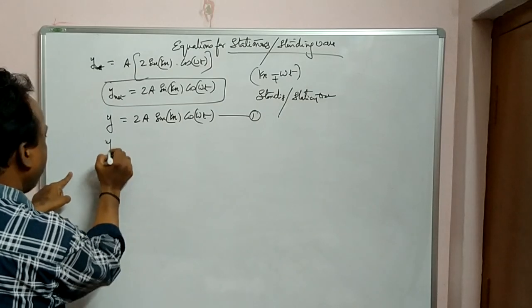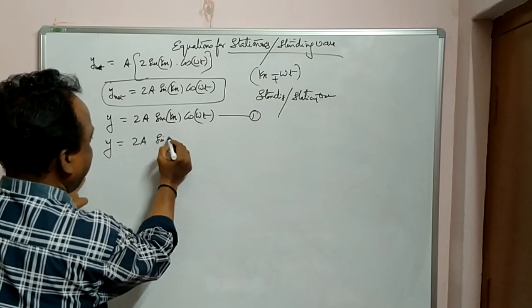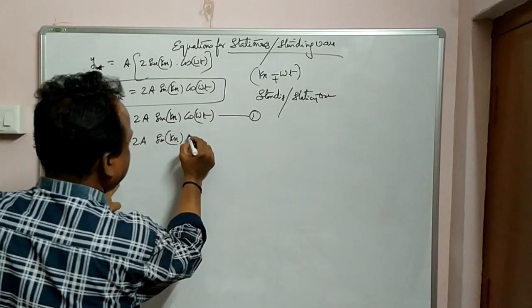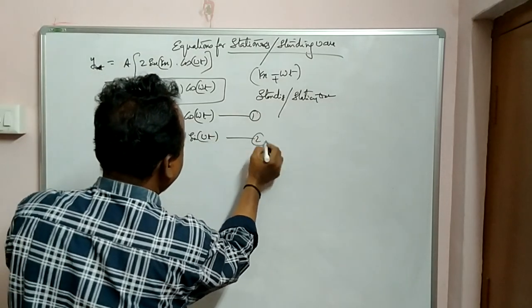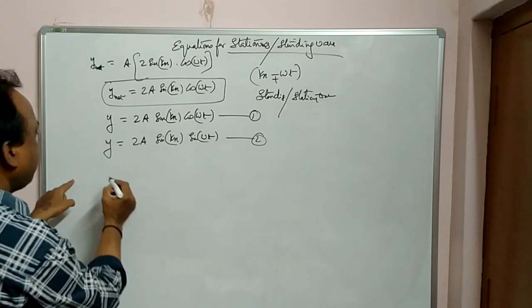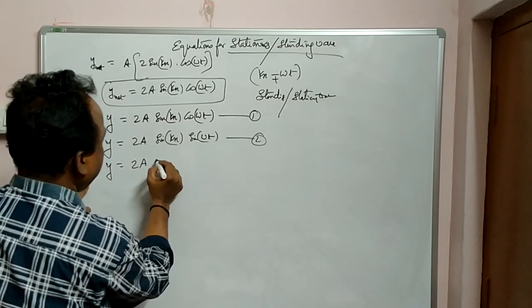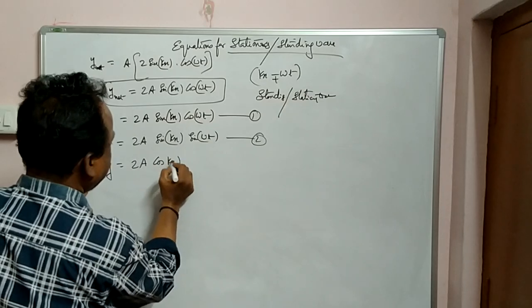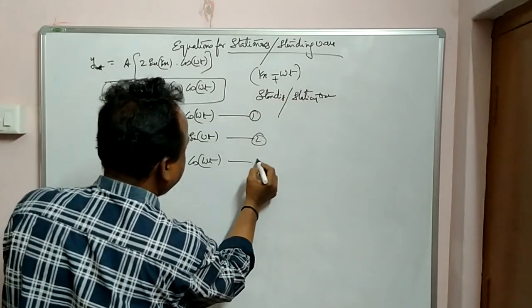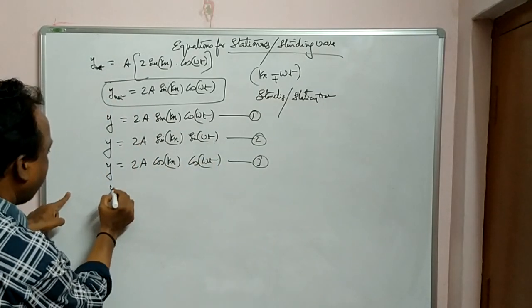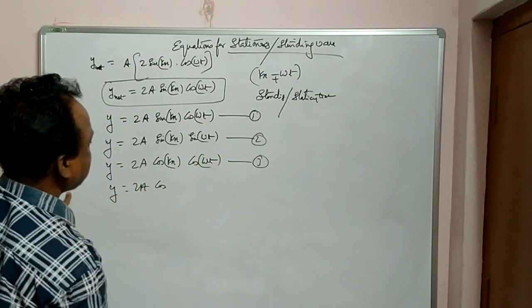We will see the second form. y is equal to 2a sin kx sin omega t. Both can be sin. And again, y is equal to 2a cos kx cos omega t. Third form. And the last form 2a cos.